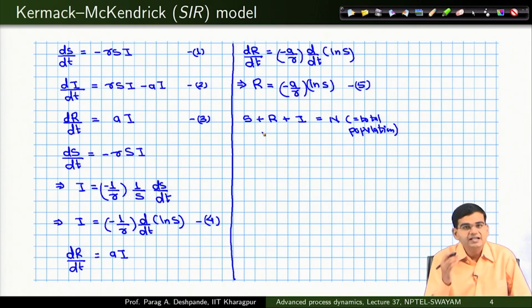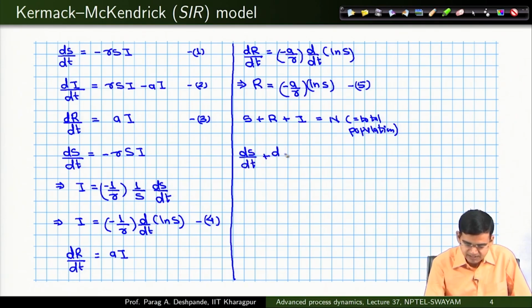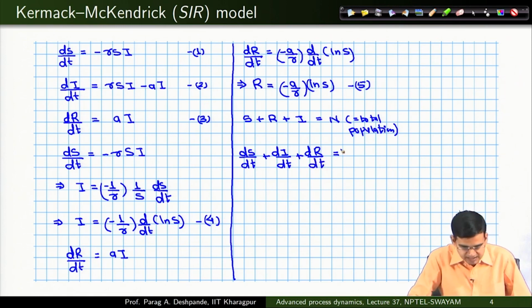I will add equations 1, 2 and 3. Okay. So, what is going to happen? dS by dt plus dI by dt plus dR by dt. From equations 1, 2 and 3, you have minus rSI plus rSI is 0, minus aI plus aI is 0.